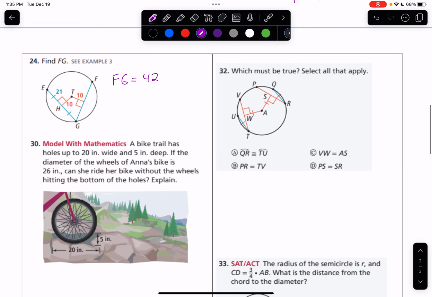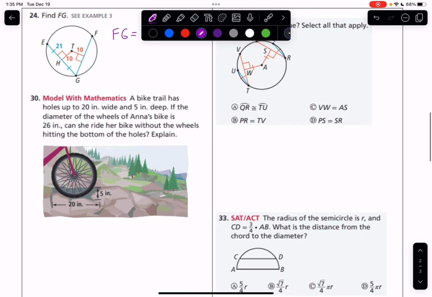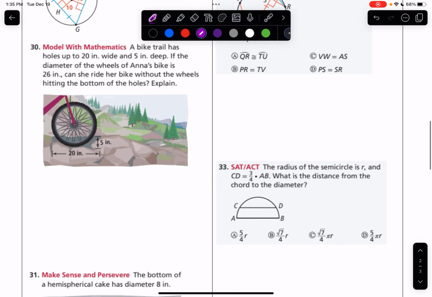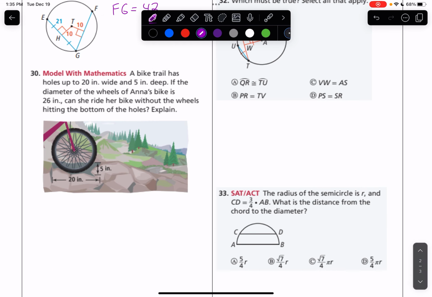All right, let's do the next one. Number 30. I like number 30. So number 30, let's see, where are we at? A bike trail has holes up to 20 inches wide and 5 inches deep. If the diameter of the wheels of Anna's bike is 26 inches, can she ride her bike without the wheels hitting the bottom of the holes? And explain.